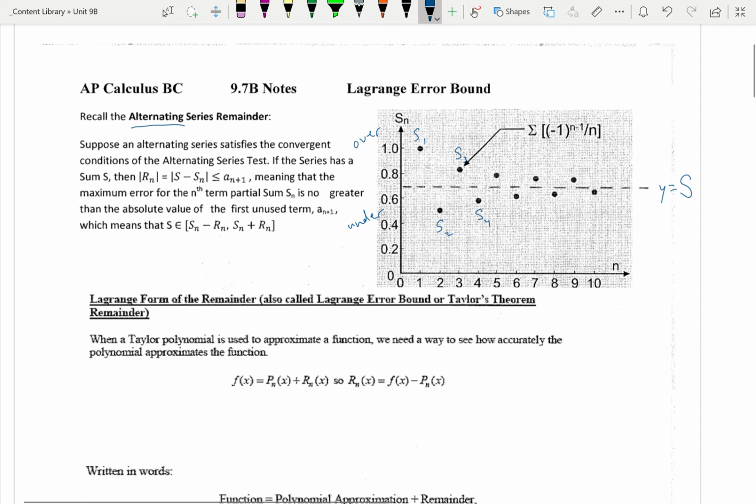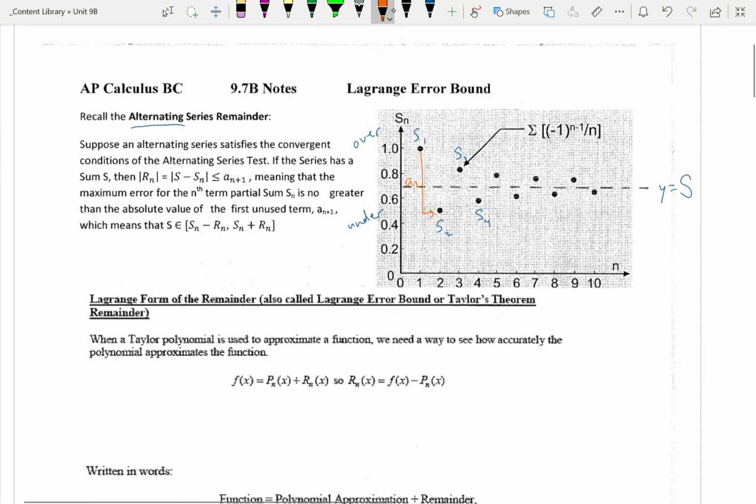So the big idea here for the alternating series remainder was that when we took a step to get from one partial sum to the next partial sum, that step was of the size a sub n plus 1. So if we had s sub 1, we added a sub 2 to it to get to s sub 2.